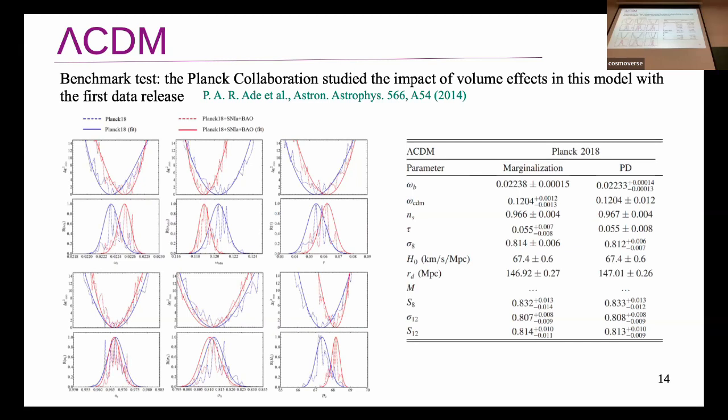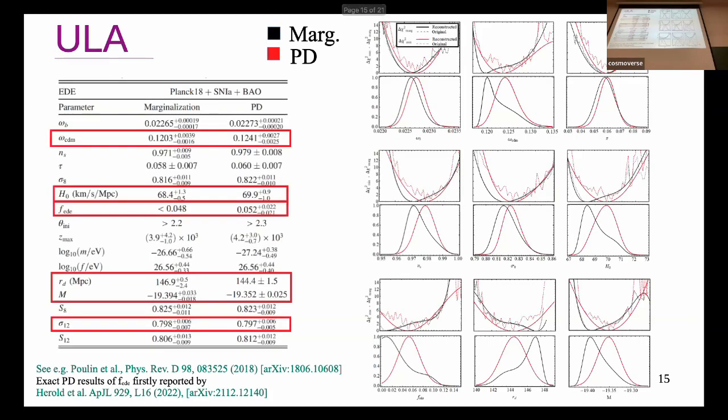Because non-Gaussian features are not important in the main cosmological parameters. And with my method, I've reproduced the results. So you see that the shifts in the values of the parameters are not significant at all. But what happens if we want to analyze dark energy? And this was already mentioned by Vivian yesterday.